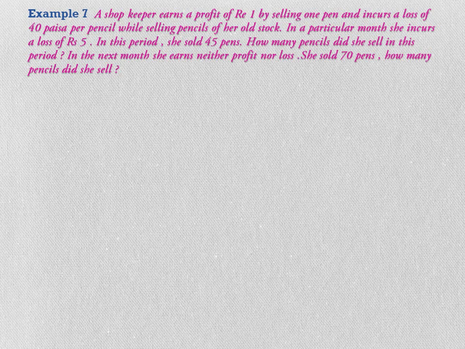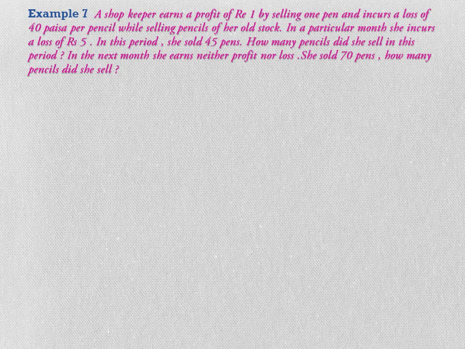Next question is also like that. In the next month, she earns neither profit nor loss. Means total earnings is how much? 0. Neither profit nor loss means 0 rupees as the earnings. In that month, she sold 70 pens. You know that if she sells pens, she gets some profit.